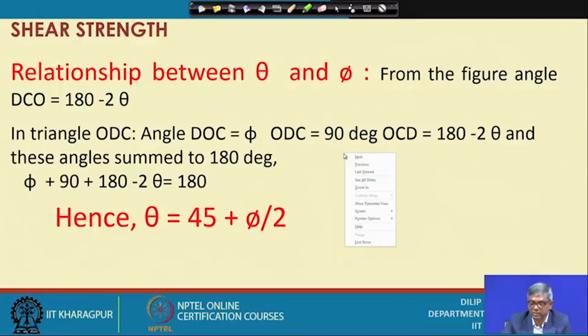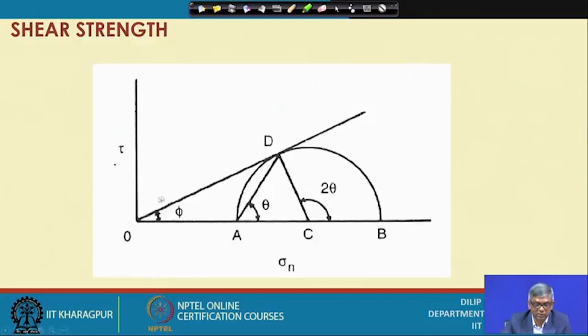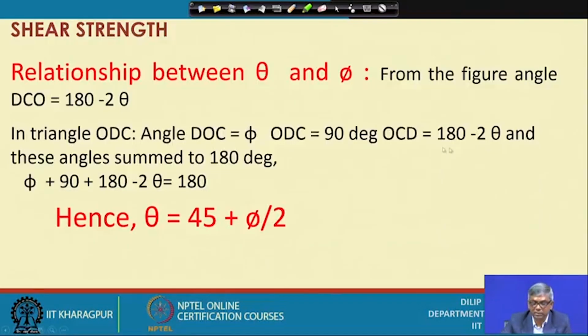Angle ODC is 90 degrees, since this is a tangent and this is the radius. So, this is 90 degrees, this is phi, and this is 180 minus 2 theta. The sum of the three angles of a triangle should be 180 degrees.